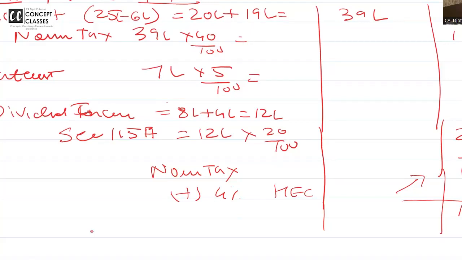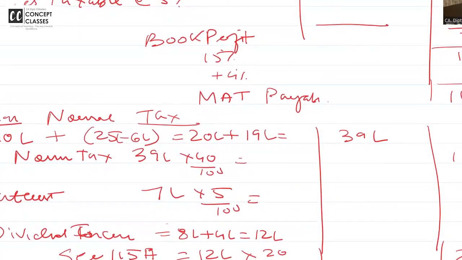Which tax are you going to pay? Income tax is your regular income tax. Normal income tax is 19,08,400. And your MAT payable is 11,85,600.